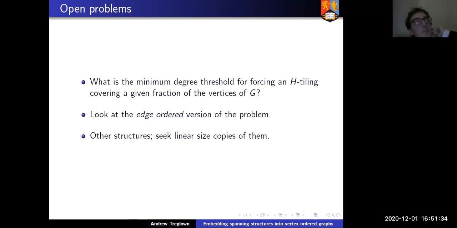I don't know about a really meta, big, general theorem. I haven't thought about that. You've seen stuff I've done, Richard, with this complexity side of things. There are results that say if you don't have a divisibility barrier, then you can find your perfect H-tiling as long as you're above the space barrier threshold.